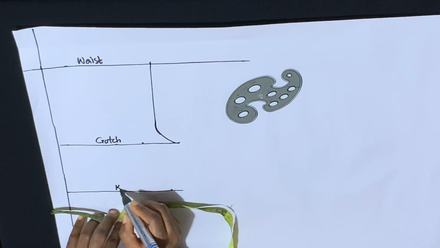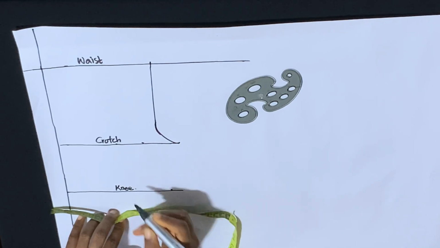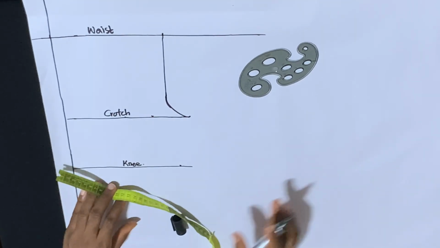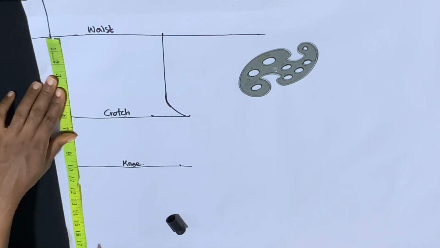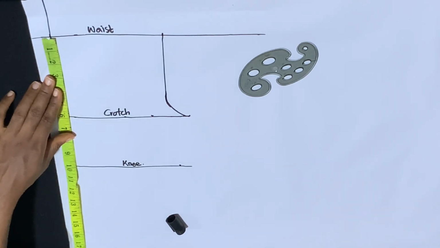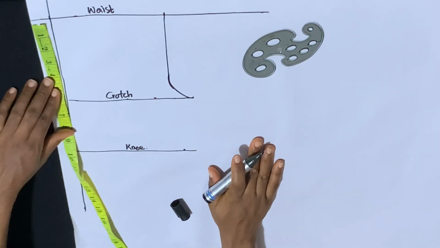Then my full trouser length is 20 inches. Remember that we included 2 inches extra for the elastic at the ankle. So the total length is 20 inches plus the elastic at the ankle point.